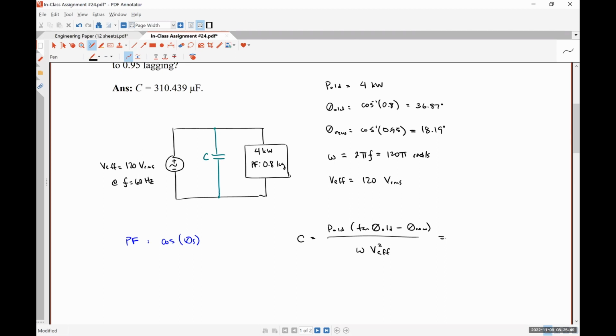Oops, sorry. There should be a tangent theta new here. It's not just theta new by itself.